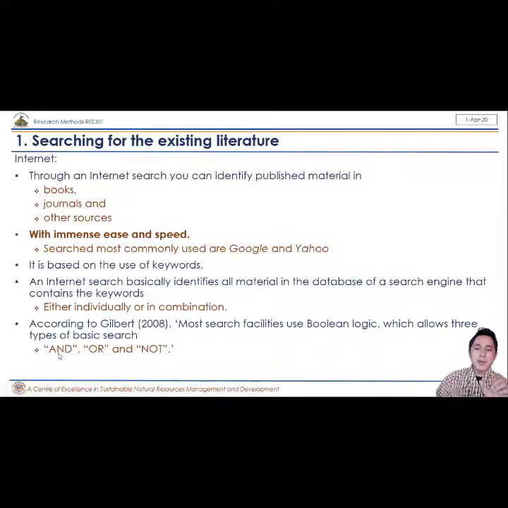So use and when you want to include both the words. So lichen and distribution means you want to look at all the articles that have both lichens as well as distribution together. When you're using or, you want the servers to display results that have lichens or distribution, lichens or distribution.